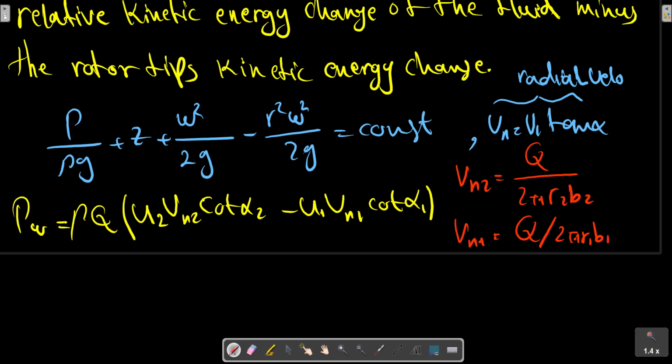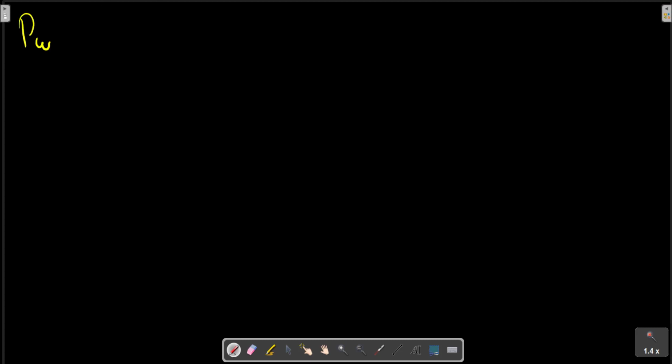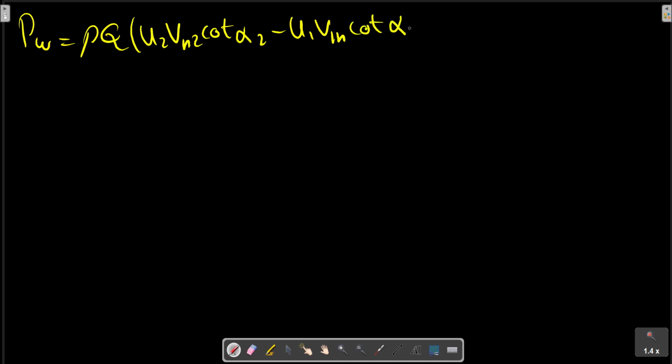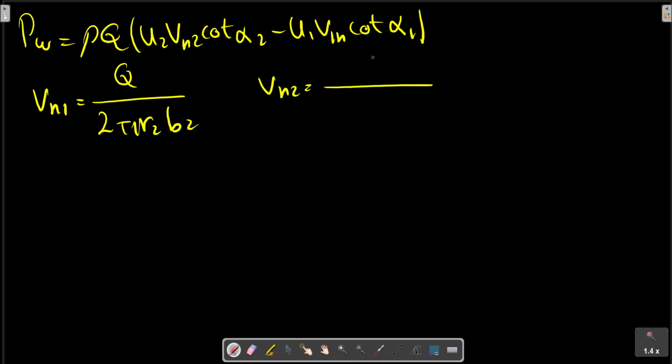Let me write it on the next page again, the power according to the tangential velocity, cotangent of alpha 1, alpha 2, Vn1.